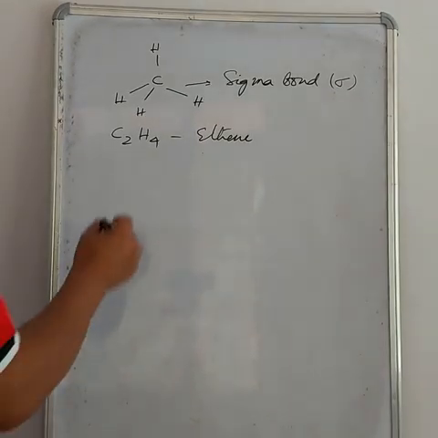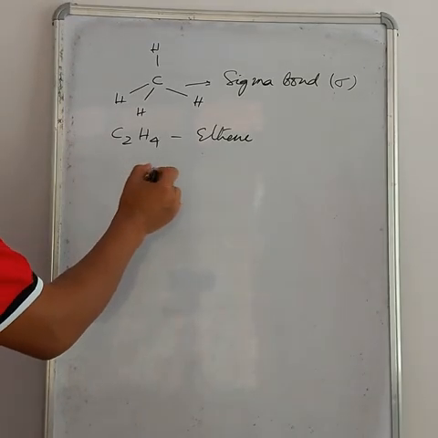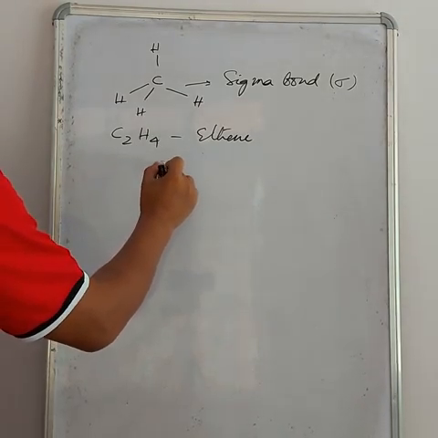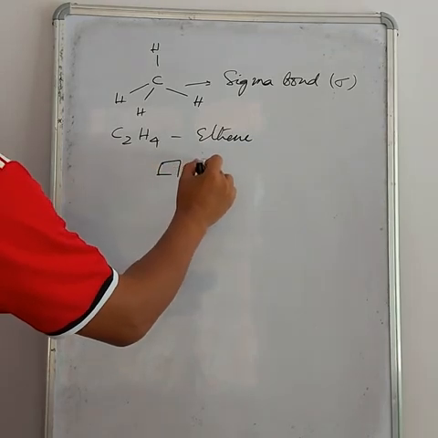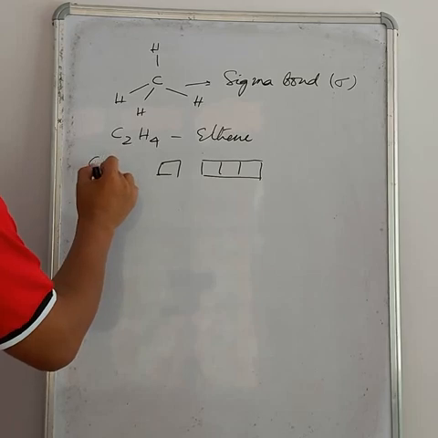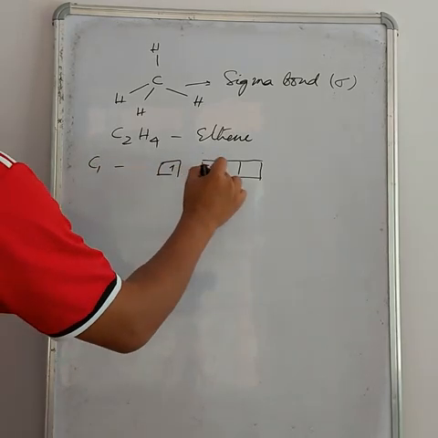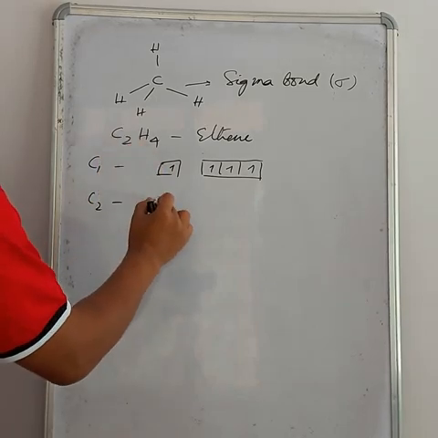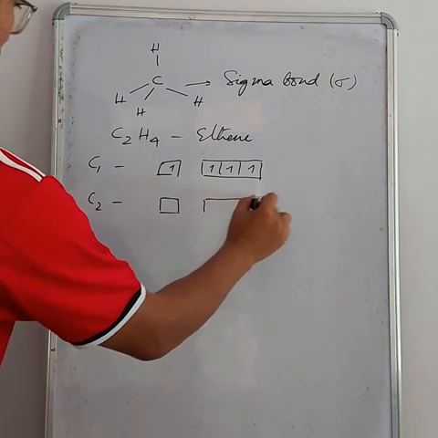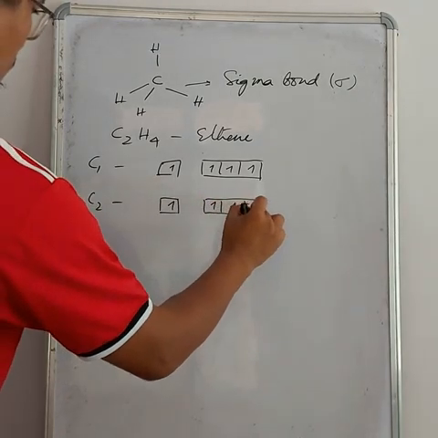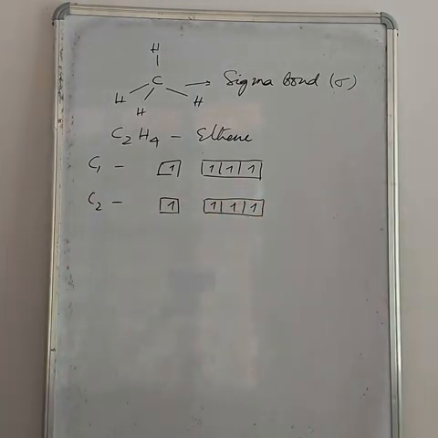What is the hybridization of carbon in ethene? Both carbons will have the same valency, so we'll just write the excited state of each carbon. The excited state of carbon 1 will have 4 unpaired electrons, and carbon 2 will have the same configuration. But we only have 4 hydrogen atoms.